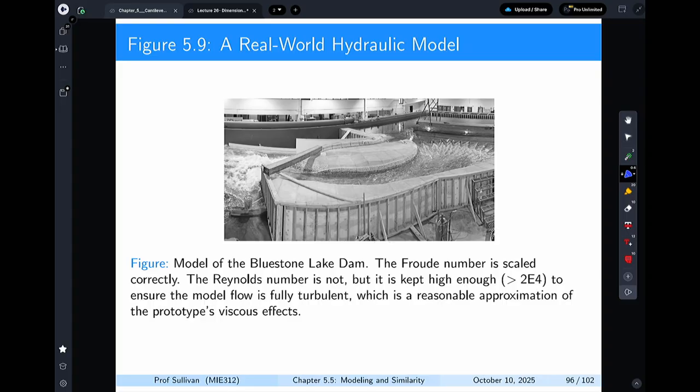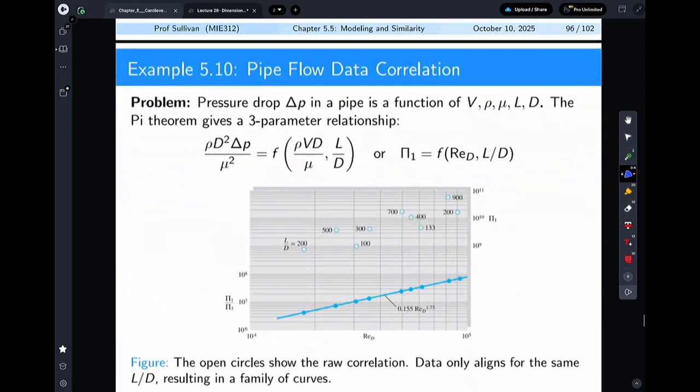No matter how much scaling you do, you're not going to match up Reynolds numbers. But it's kept high enough to ensure the model is fully turbulent, which we can do. You pump, you pay a lot for pumping, which is a reasonable approximation of the prototype's viscous effects. So as you're looking at these different types of facilities, they were sort of the benchmark, and they still are, in terms of what you look at for data.